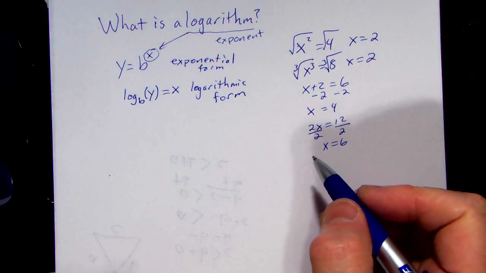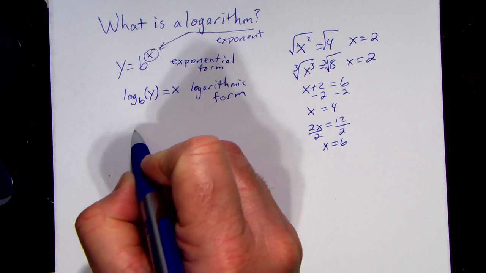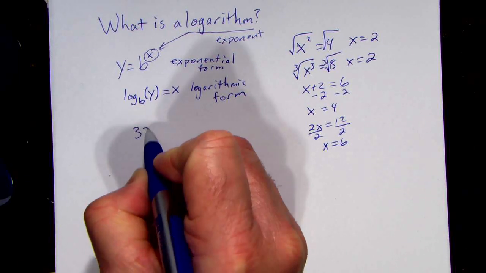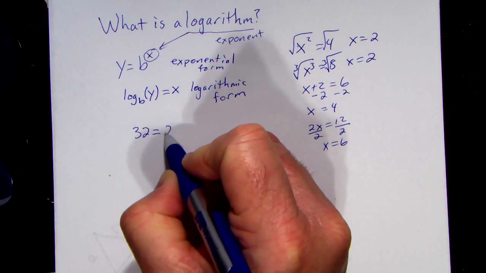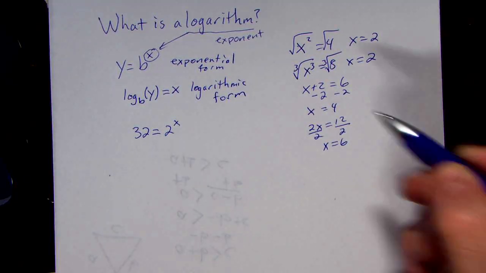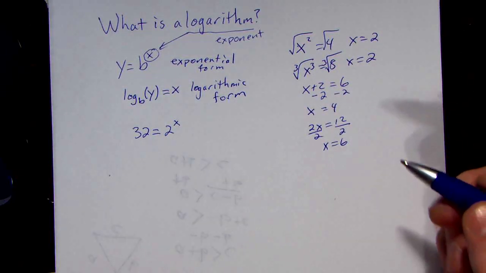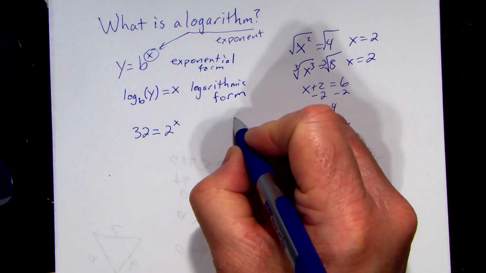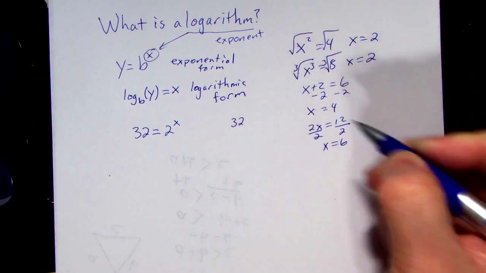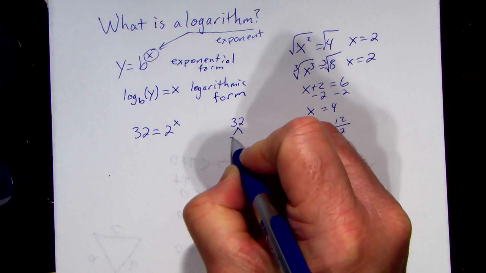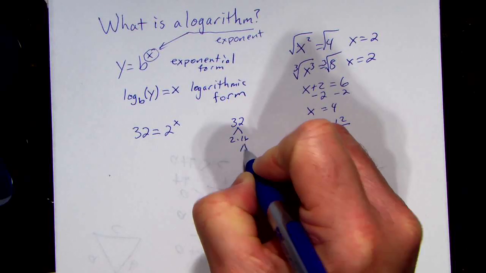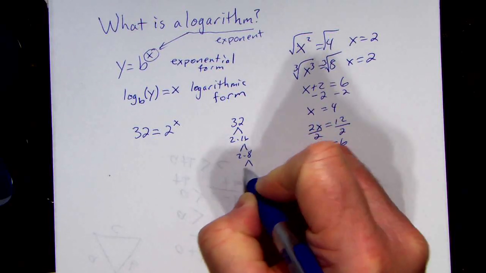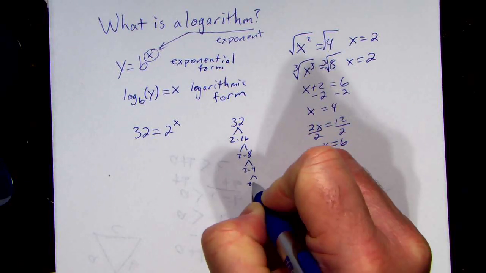Now, where this comes into play: remember we would have questions like 32 equals 2 to the x. Before we started learning about logarithms, the way we would do this is we'd say, okay, what's another way I can write 32? And 32 is 2 times 16, which is 2 times 8, which is 2 times 4, which is 2 times 2.